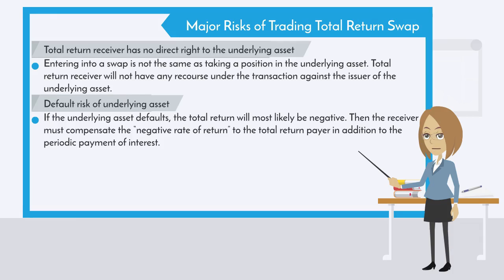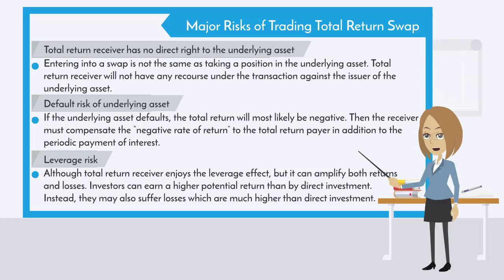Then the receiver must compensate the negative rate of return to the total return payer in addition to the periodic payment of interest. Lastly, although the total return receiver enjoys leverage effect, it can amplify both returns and losses. They can earn a higher potential return than by direct investment. Instead, they may also suffer losses which are much higher than direct investment.